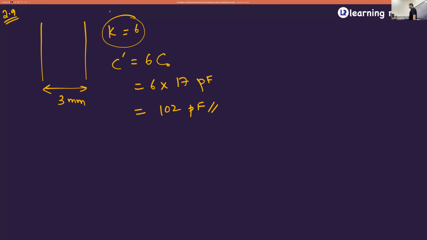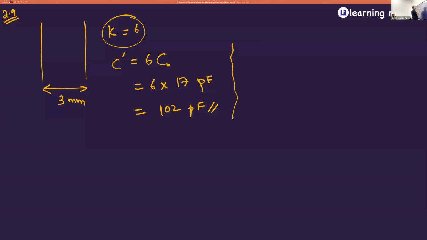So what is the second part? After the supply is removed, what will happen to the capacitance? It will still be the same. That's what I gave in the table. Whether you have the battery connected or disconnected, its capacitance is still the same. But what will happen to the potential drop? Potential drop will decrease.